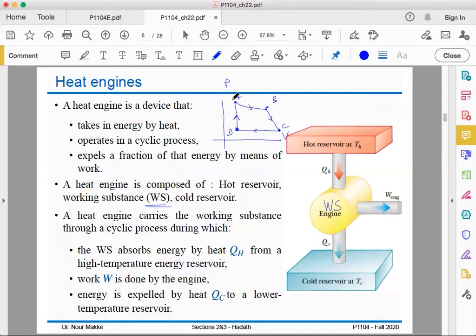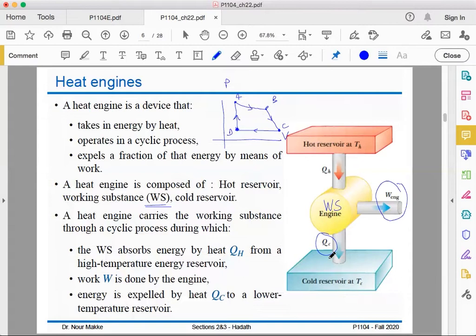Then it goes through the cyclic process and then it expels work, which is given here as W engine. And then the energy is expelled by heat QC to a lower temperature reservoir. So at the end, there would be some heat which is still remaining in the system, and this heat is expelled back to another reservoir, which is called cold reservoir, because it's going to be at lower temperature.